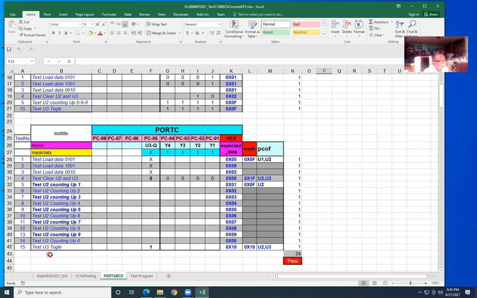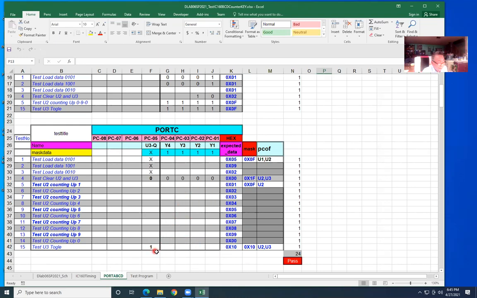Okay? U3 toggles. That means on the last one, U3Q must be 0, now it must be 1. So the math data is only 0, 1, 0. You don't care what happened to this guy. Output here, we don't care.